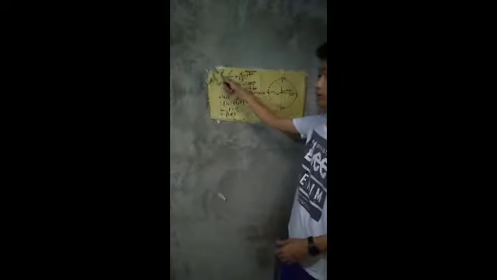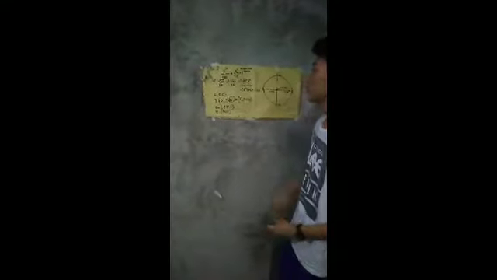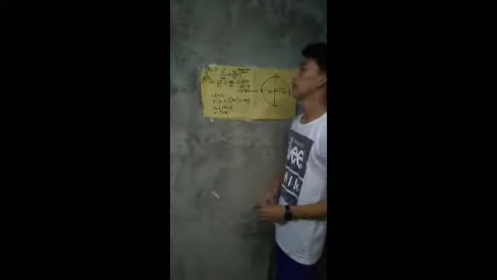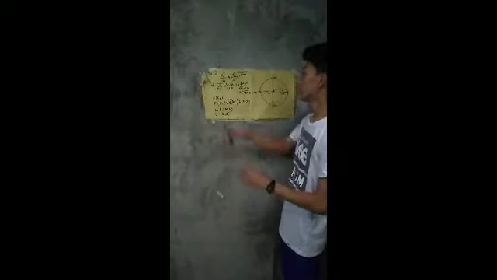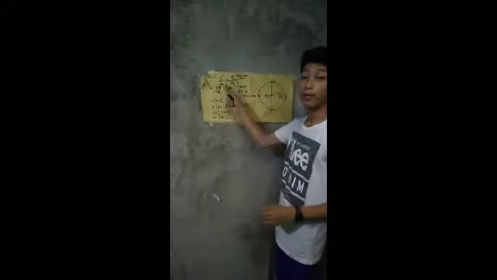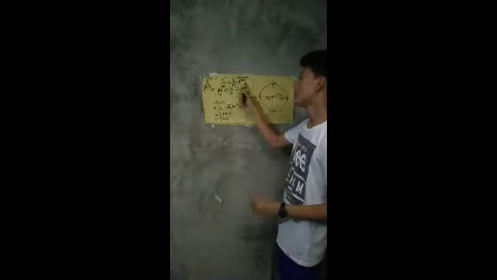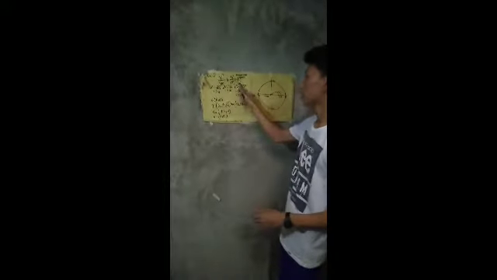Here's our example number 2. Our given is x squared over 100 plus y squared over 121. So our standard form is here: x squared over 100 plus y squared over 121 equals 1.